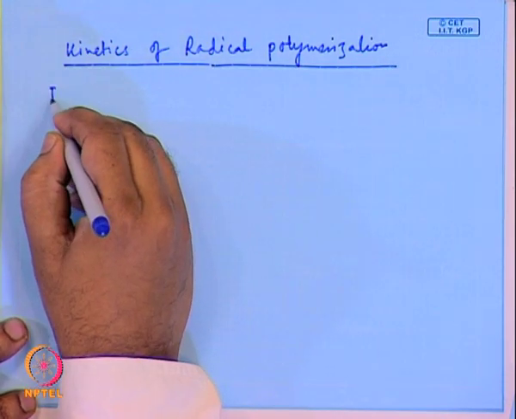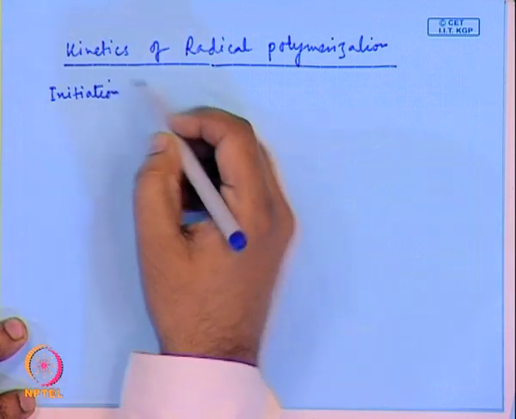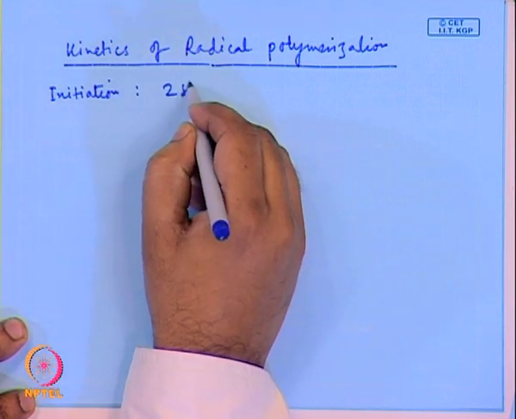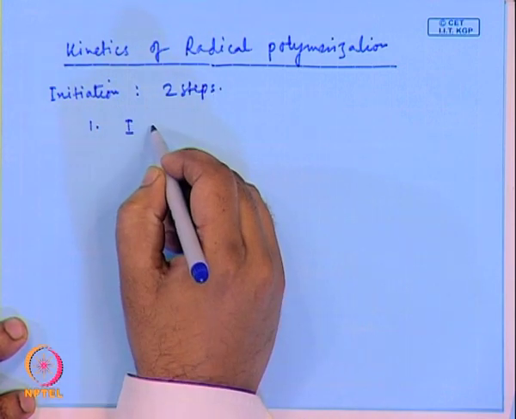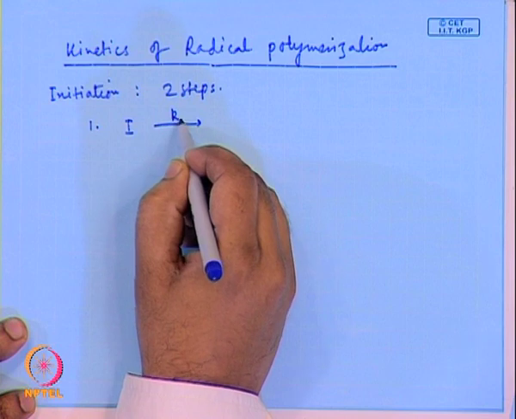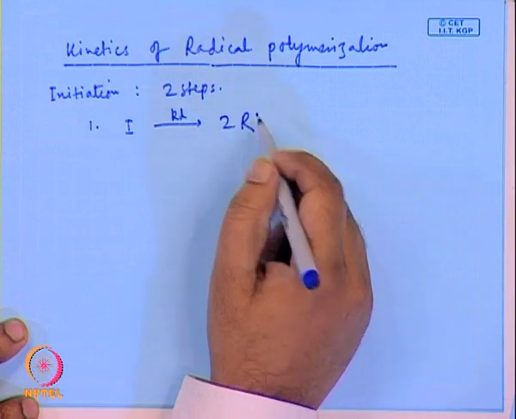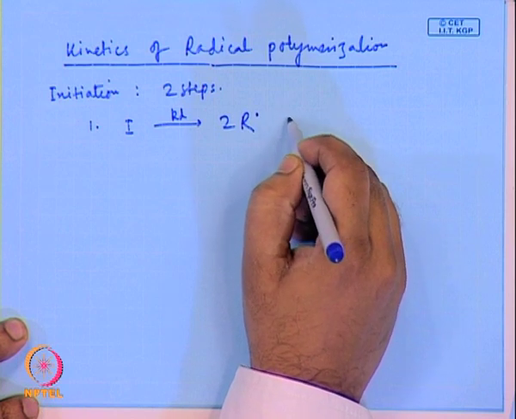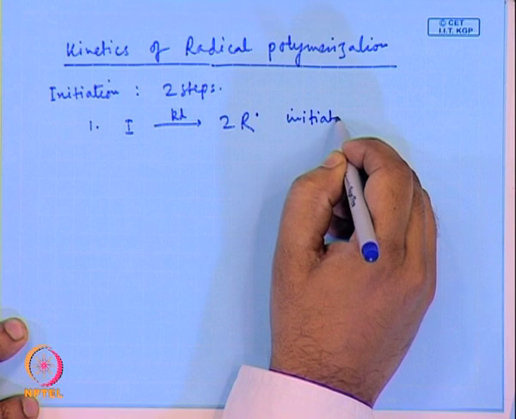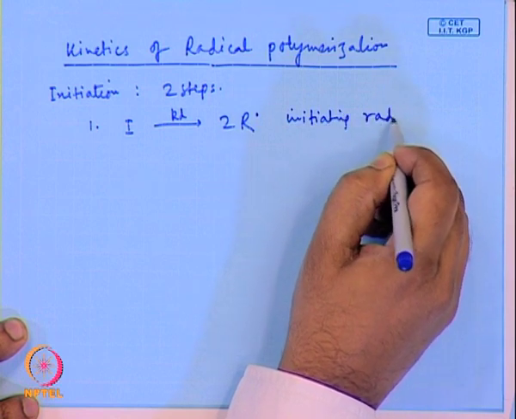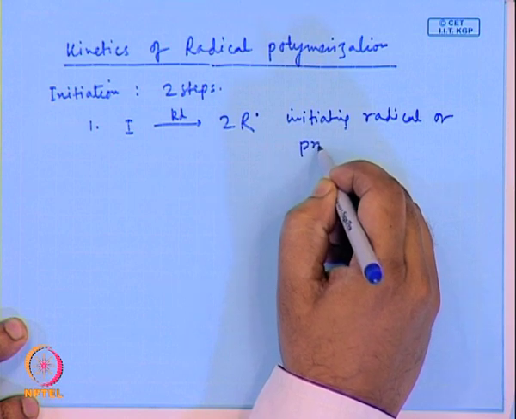As we know, the first step is initiation. Now, initiation consists of two steps. One, initiator molecules produce two radical species. This is the initiating radical, or it is called the primary radical.